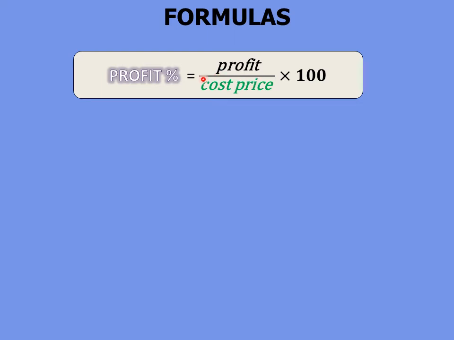This horizontal line that you see here means divide. So we take our profit and we divide it by the cost price. After we divide it by our cost price, the answer that we get, we multiply it by 100.